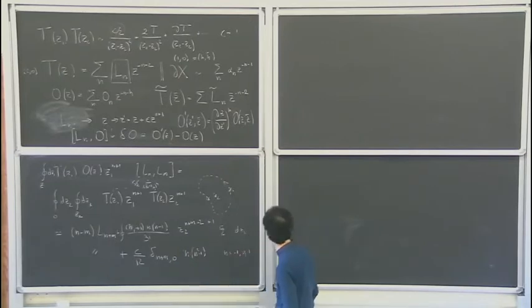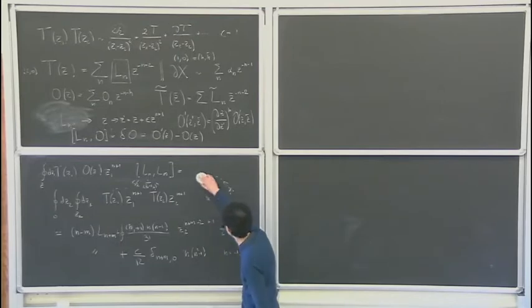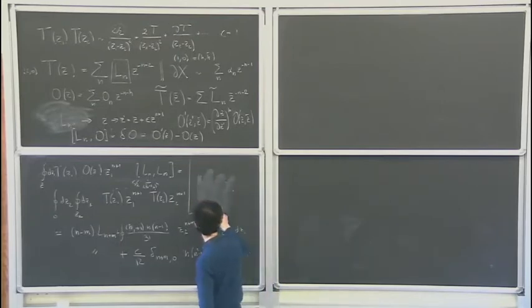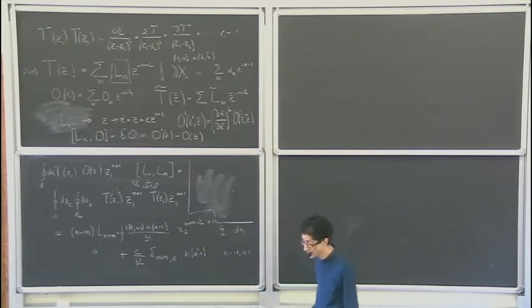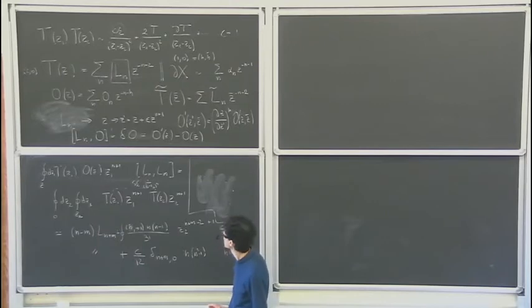The other comment I want to make is something I will not use, but it may be useful for those of you who want to do CFT. You may ask, what is the meaning, from the point of view of transformation, of the OPE that is up there?